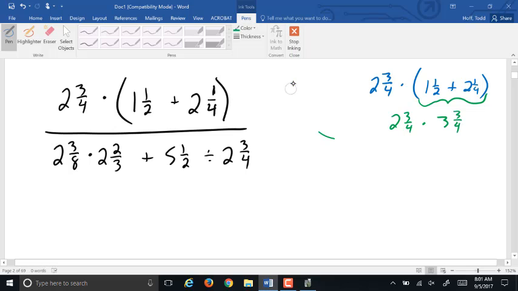Now what do we have to do? We have to multiply, and how do we do that? Make them improper. So 2 3/4 will become 11/4. 3 3/4, 15/4. That's 165 over 8, which is 20 5/8.